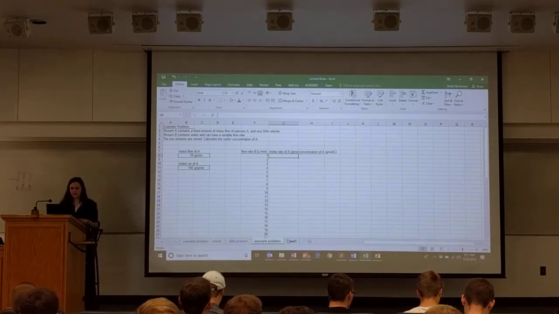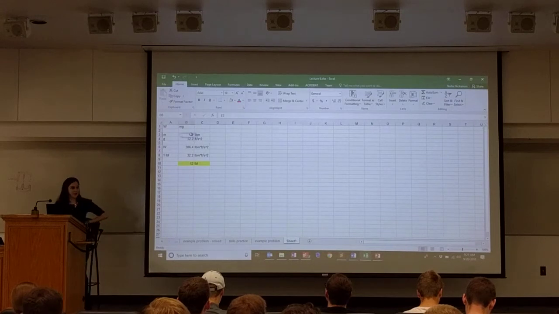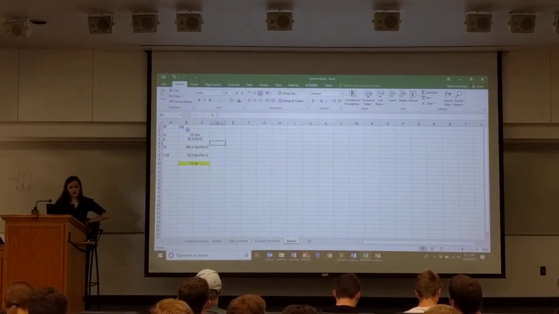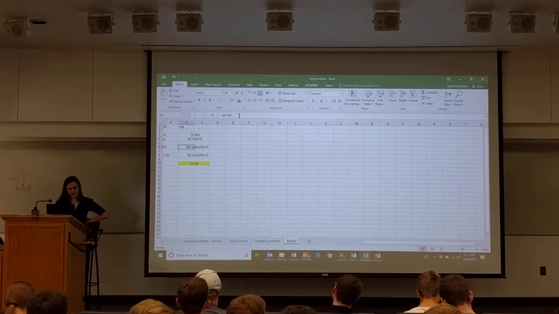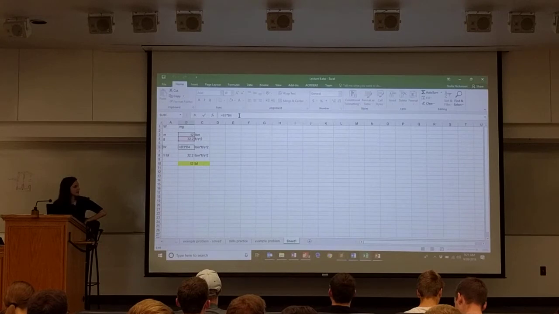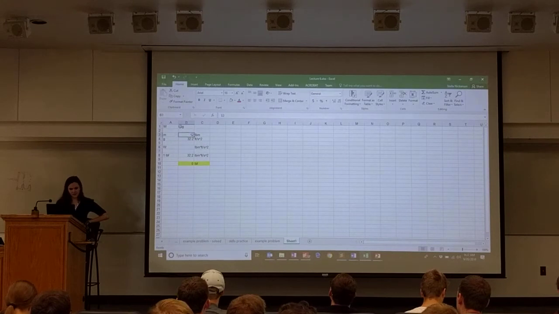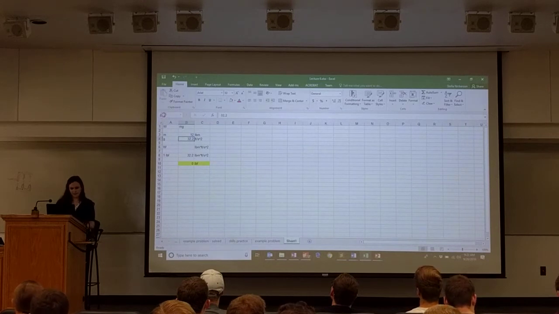So that's what I did here, for example, I put formulas into these cells. So like right here, that's a formula, that's n times g. One thing that can be helpful is you can name the cells. You have to be careful to name them something that doesn't interfere with something else.